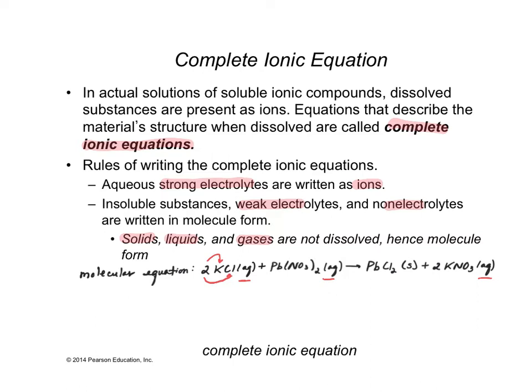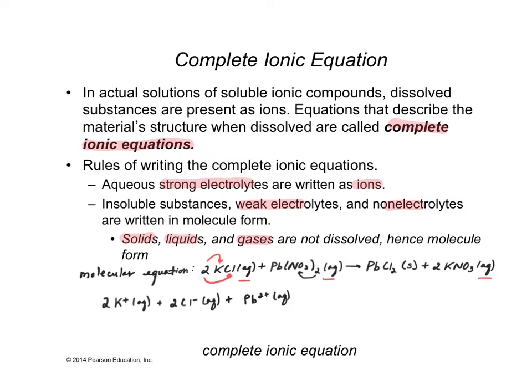So for the complete ionic equation for this, we would write 2K plus aqueous plus 2Cl minus aqueous. That's the first one. We just dissociate it into its ions, plus Pb2 plus aqueous.